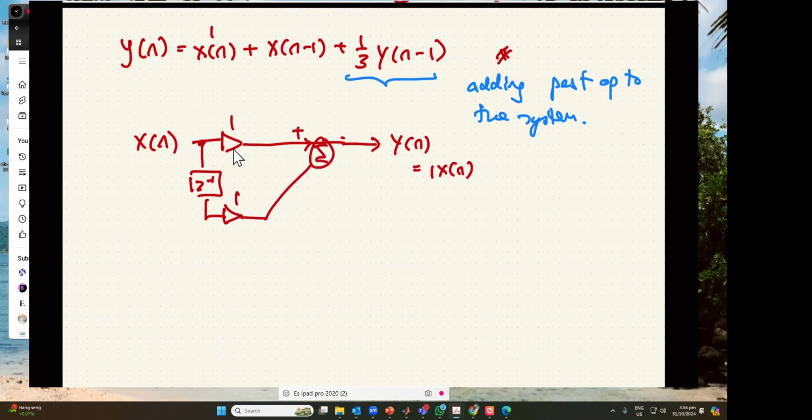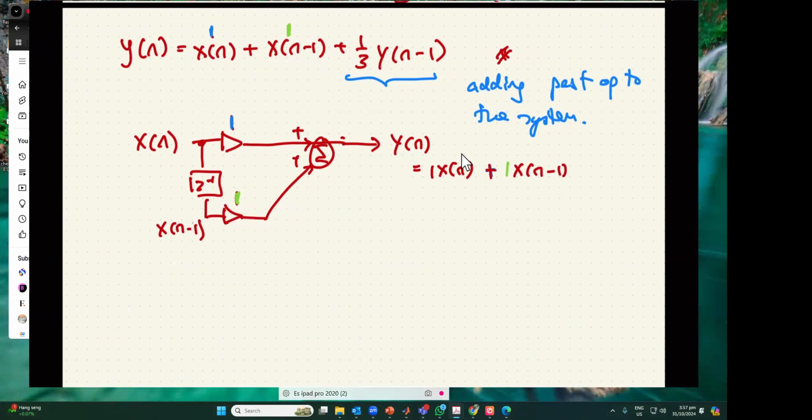This is the adder, and now this is x[n minus 1]. If I make a mistake, guys, please shout at me. And this is 1 again. If I color code this, this is the green one and this is the blue one. So this is 1 times x[n]. This is 1 green times x[n minus 1]. So therefore, plus 1 green times x[n minus 1].